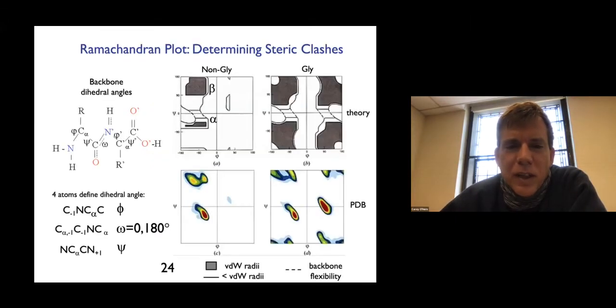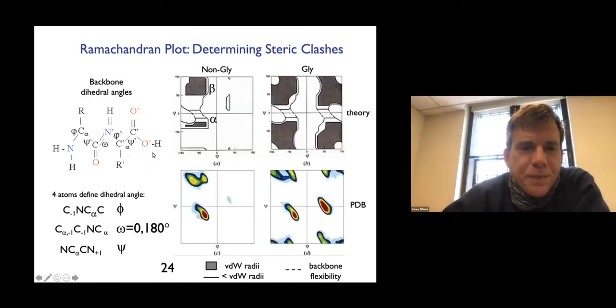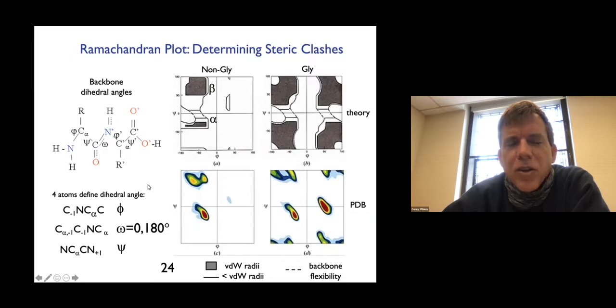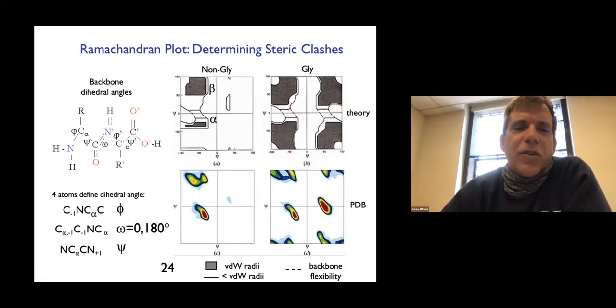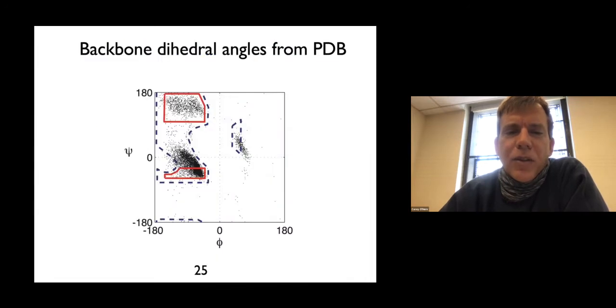So tau is the bond angle between the nitrogen, the C alpha, and the carboxyl carbon. And so if that angle is larger, then you can get a wider range of allowed conformations versus when it's smaller. And so that has been shown to influence which phi's and psi's can occur.